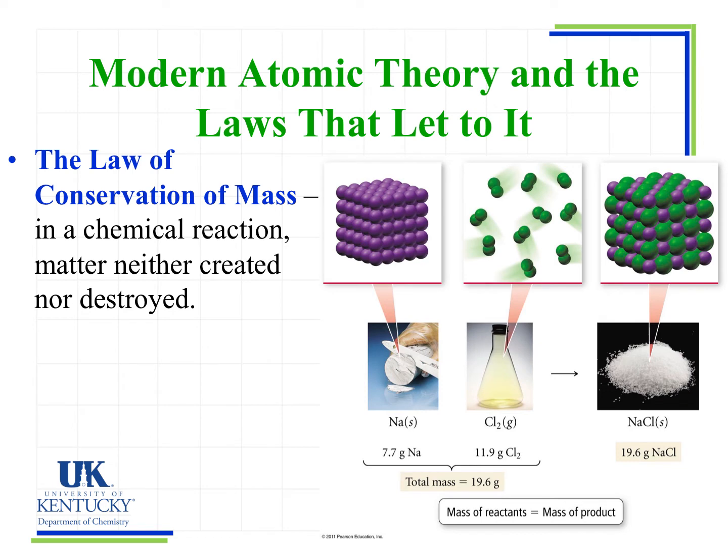So let's start with these slides and let's see how the modern atomic theories started and the laws that led these theories to happen. The law we already talked about is the law of conservation of mass. We know that in a chemical reaction, which is basically a chemical change, matter is neither created nor destroyed.